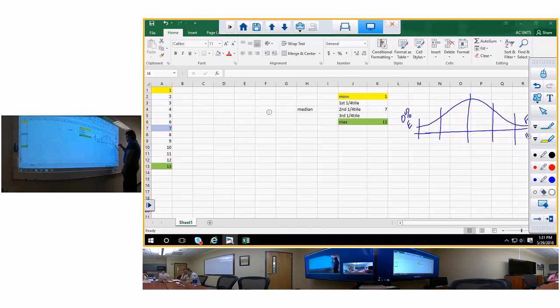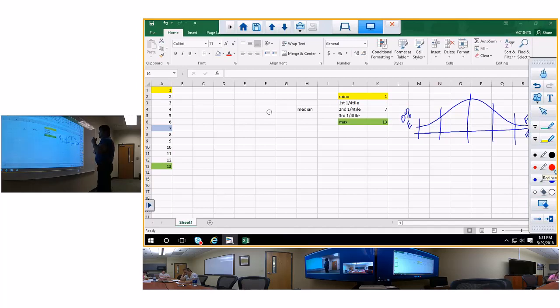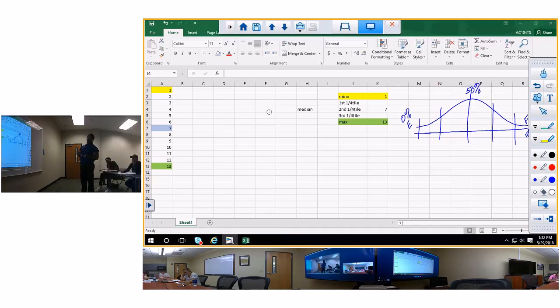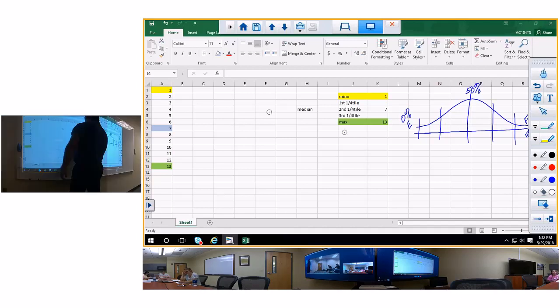It represents 100%. What did the median represent? Or the mean? Right in here, if it's good data, the median and the mean are going to match. Okay? And that represents the 50th percentile. So you can also call the second quartile the what? The 50th percentile.